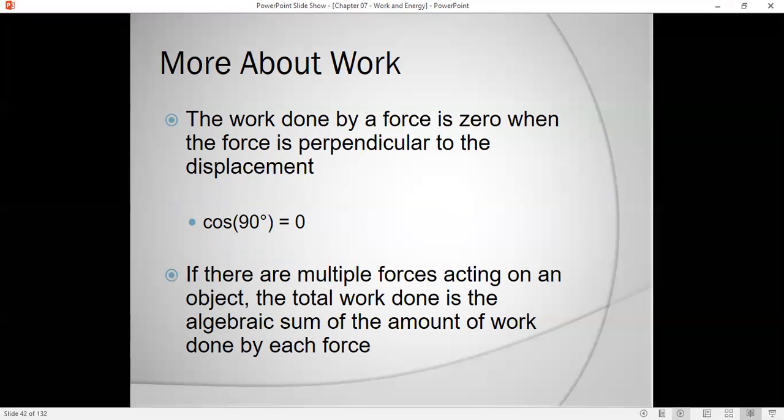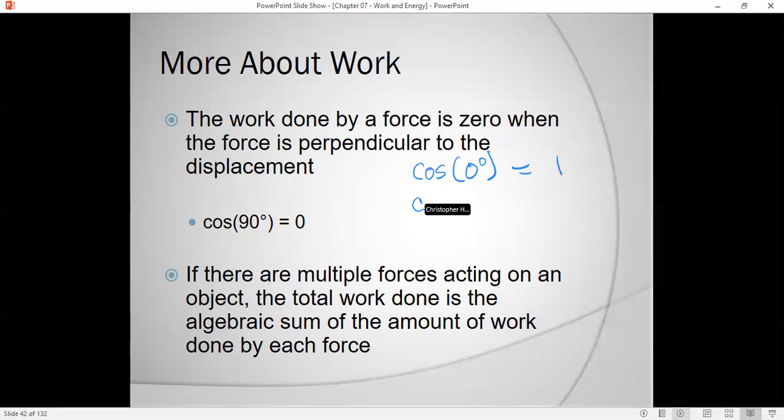Once again, when we're moving in the same direction as the force, or the force is in the same direction as motion, we can just use work is equal to force times distance, because the cosine just becomes 1, okay? When the angle between the two vectors is 0, we get 1 there.